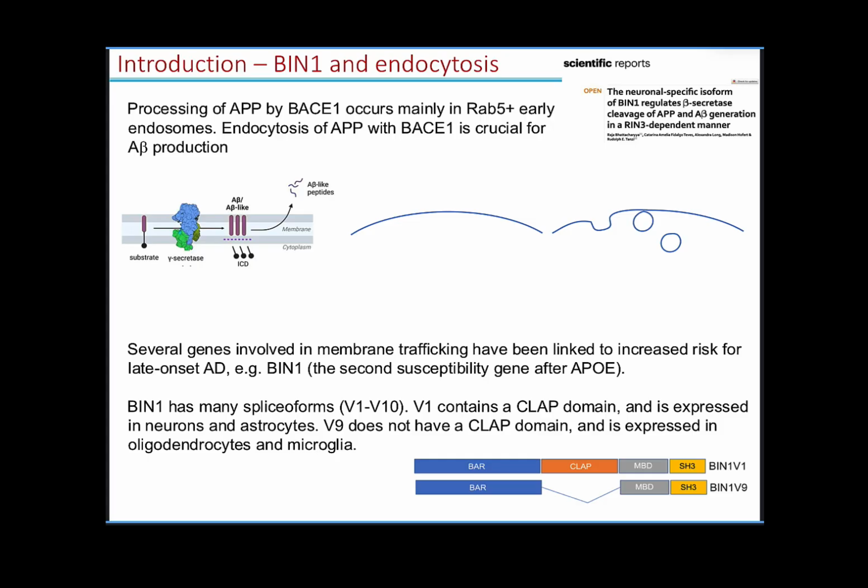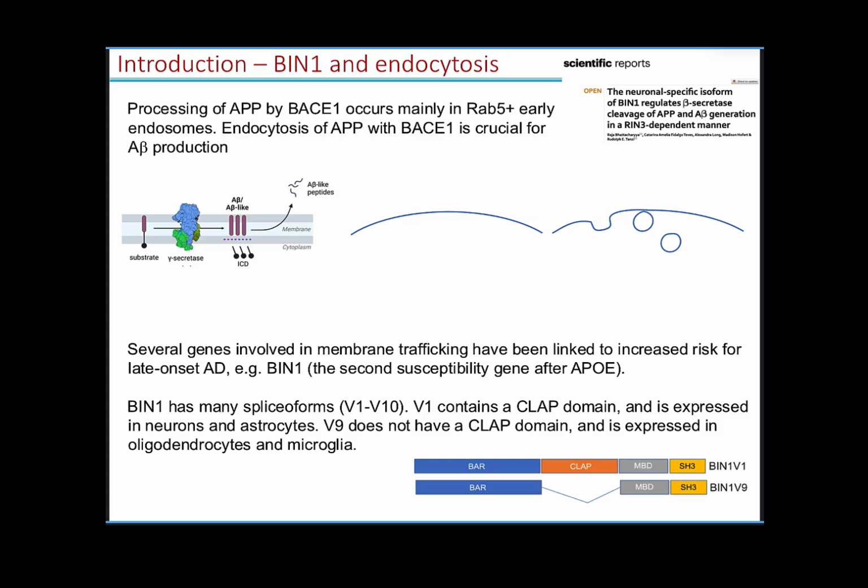So as we just said, BIN1 is important from an epidemiological point of view. No one really knows what BIN1 does. And this paper will explore an aspect of BIN1 that is unknown as of yet, and that is that BIN1 has many different splice isoforms. If you remember from our conversations about alternative splicing, the BIN1 gene is transcribed into one pre-mRNA, but then that pre-mRNA is alternatively spliced into different isoforms.